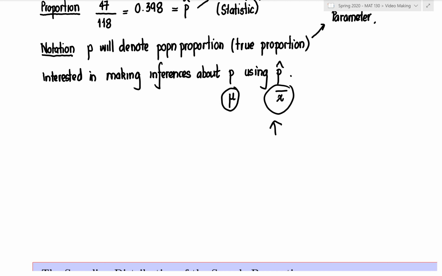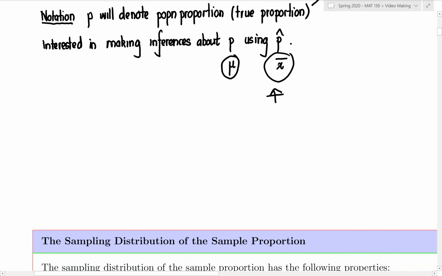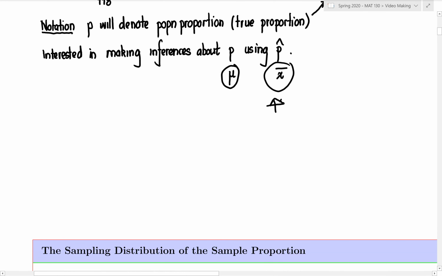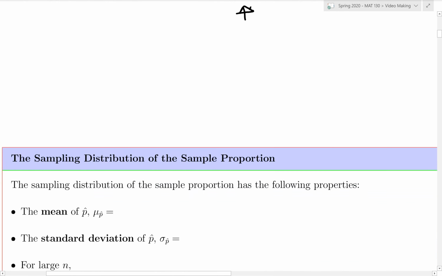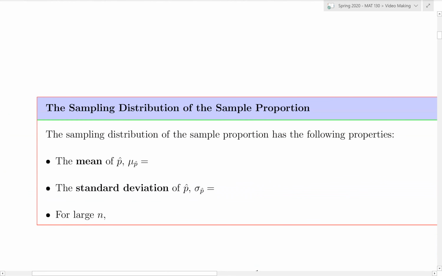Just like we wanted to understand the distribution of X bar, in this particular case we'd like to understand the distribution of the sample proportion. In other words, we are interested in understanding the sampling distribution of the sample proportion.